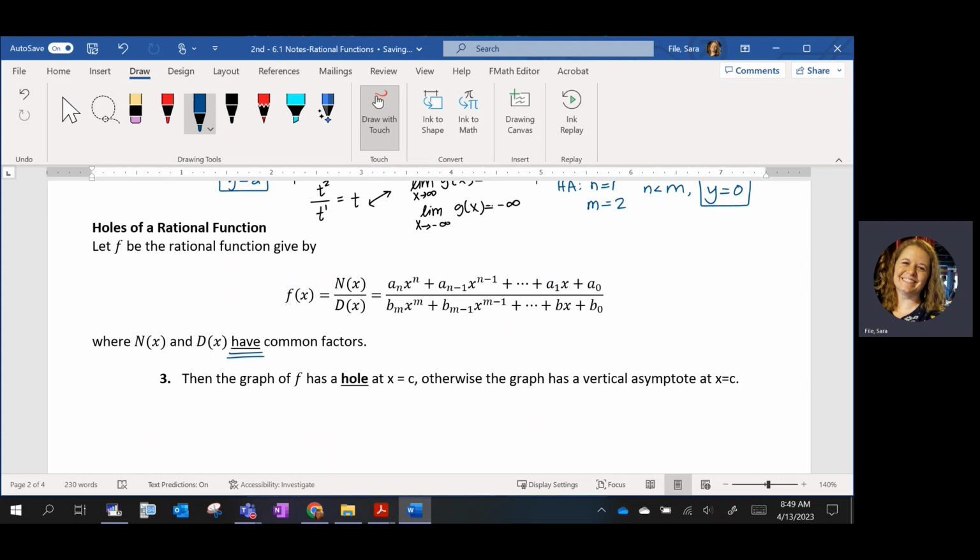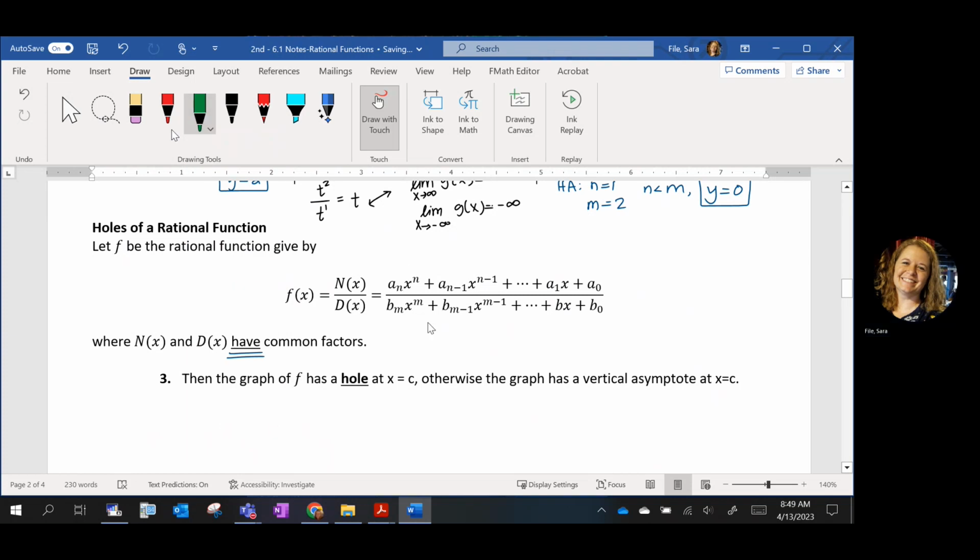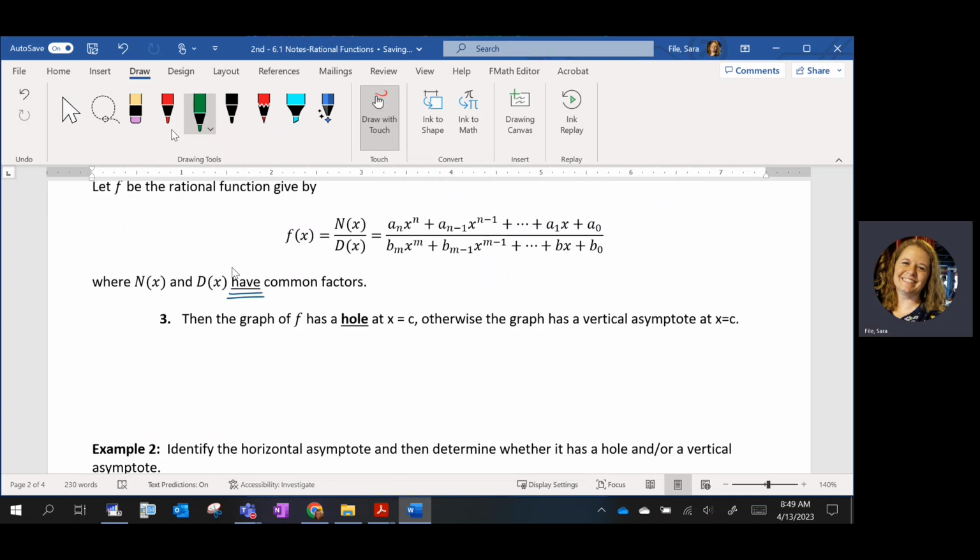Okay, so here's the process. I guess I'll use green. The process for a hole, we are going to factor the numerator and the denominator, okay, to see if anything reduces, to see if they have something in common, okay?